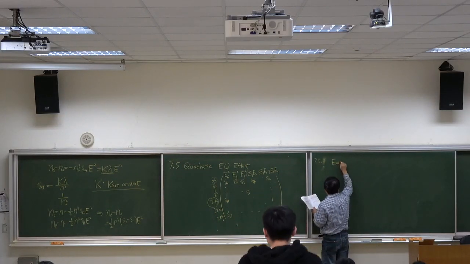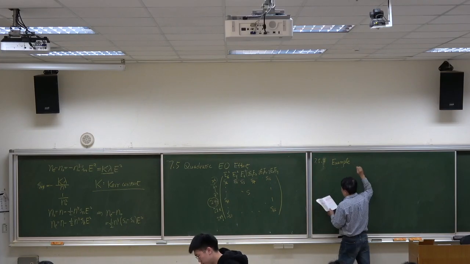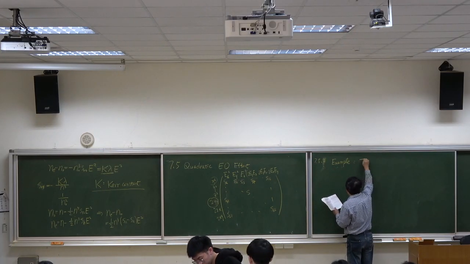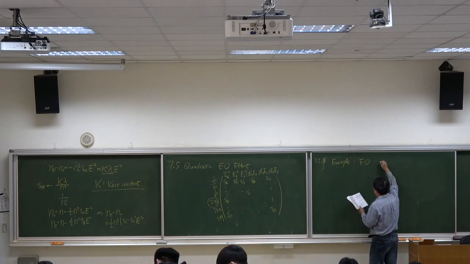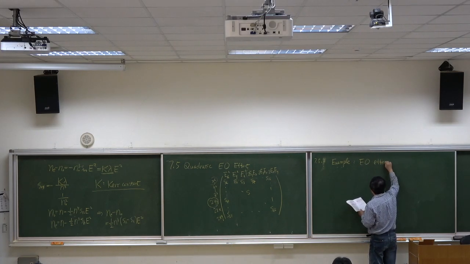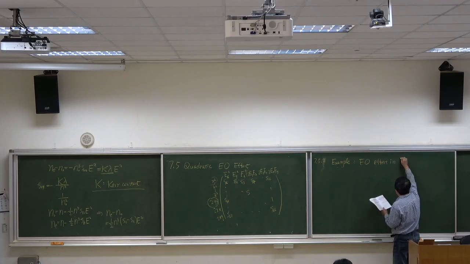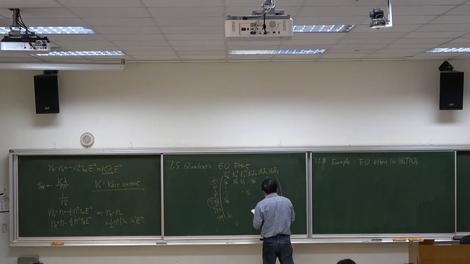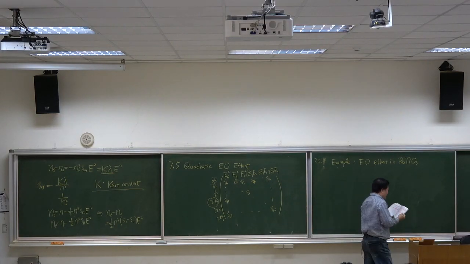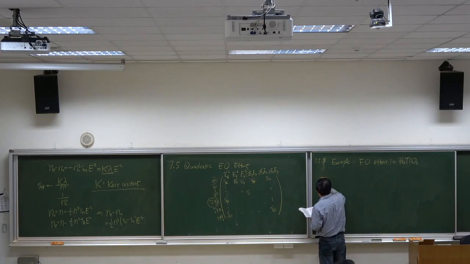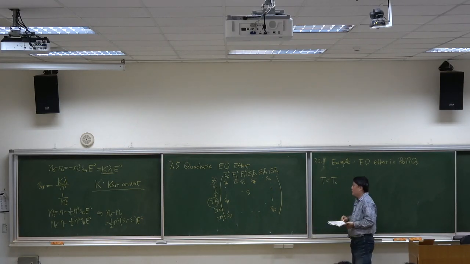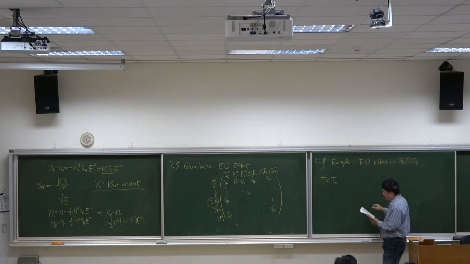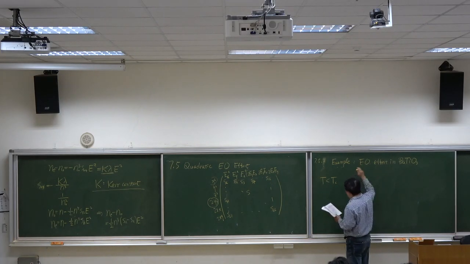Example: the EO effect of this crystal. It mainly has two key points. The first is related to temperature: if T is lower than Tc, if the temperature is lower than the critical temperature, this material belongs to this symmetry.